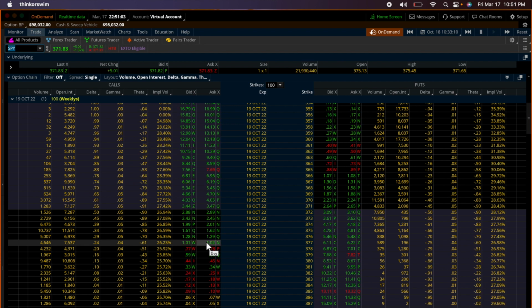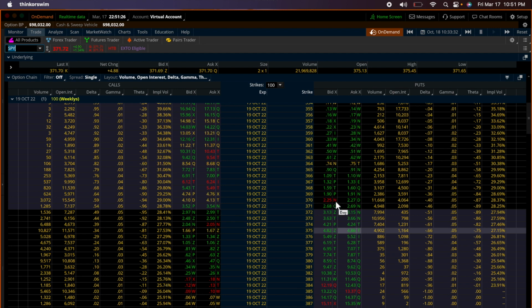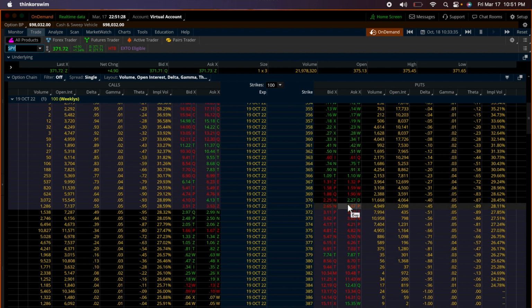So if the bid-ask spread is 70 cents, there could be a $70 discrepancy right off the bat. As soon as you buy that contract, you could be down $70. You don't want to do that. So you want to look for contracts with a tight spread. You want to look for contracts where the bid and the ask is 2 cents apart or 5 cents apart. Really, you don't want to focus on contracts with a wide spread.